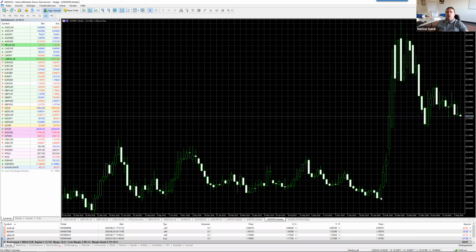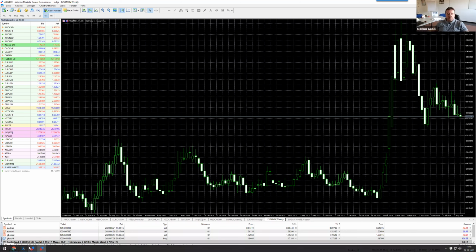Falling prices in the Mexican peso. Amazing. I made a lot of money with that. So you see, it works if you can interpret COT data, what the huge money, the smart money, will do. This is how you can read COT data.